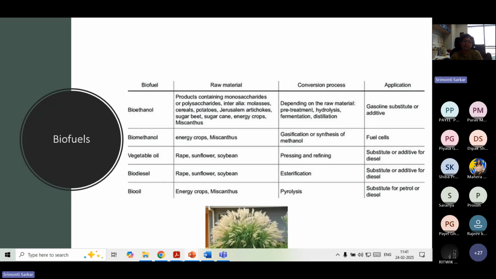And also, like I said, in certain cases, the oils are treated differently. So it could be just refining, as in the case of vegetable oils. For biodiesel, this requires a different kind of processing, which means esterification. And then bio oils are produced by pyrolysis, which is essentially taking these high carbon crops and burning them.